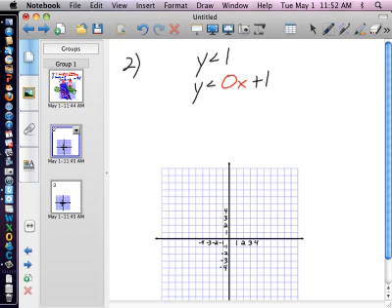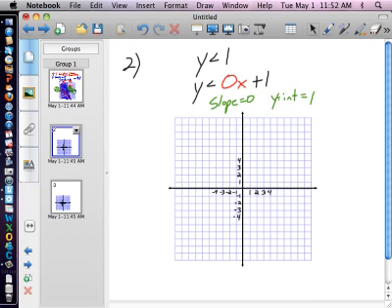So we have a slope equals 0, and the y-intercept equals 1. So the y-intercept of 1 means we're going to start at 1. A slope of 0 means 0 over anything.